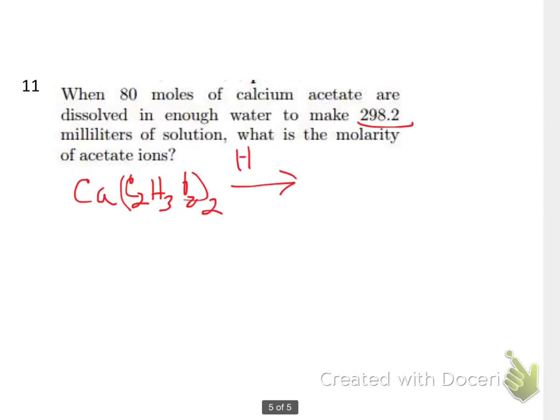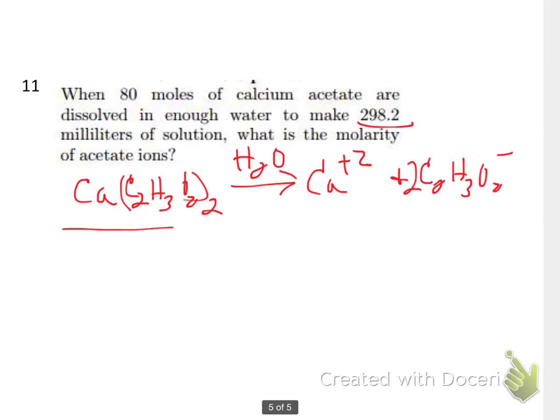If I put that in water, I'm not reacting it, I'm just making a solution, right? I end up with calcium plus 2 ions, plus acetate ions, but I have 2 of these for every 1 of these, right? So if I have 1 mole of this, I have 2 moles of this. Or if I have 1 molar of this, I have 2 molar of this.